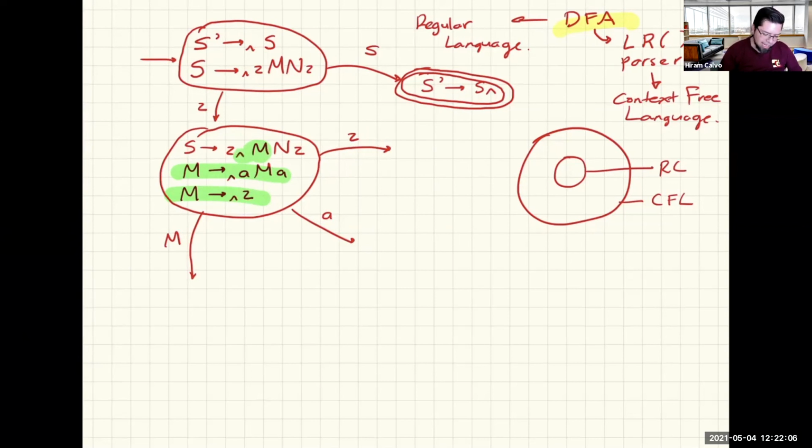Okay, so in case of M, what will happen if we move M? Well, we will have this rule advanced here. So we will write S, Z, M, the cursor moved here, and Z, and that's it. And now you know it, because we are standing just in front of a non-terminal symbol, we need to expand it, right?